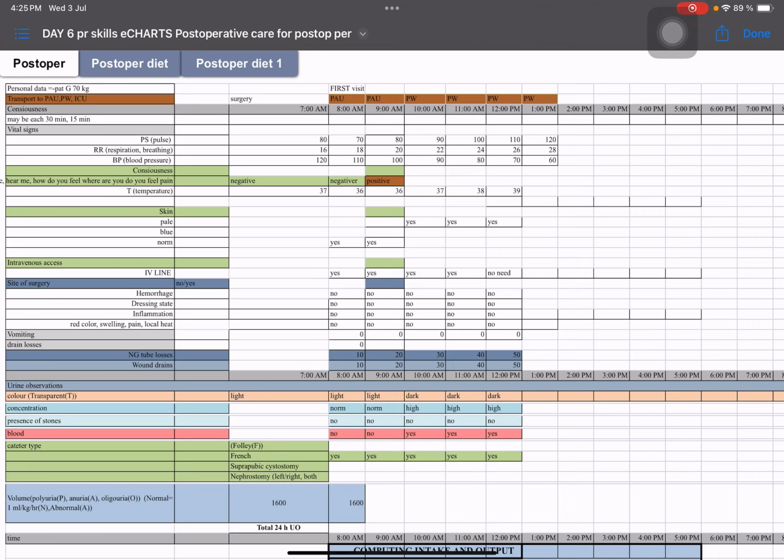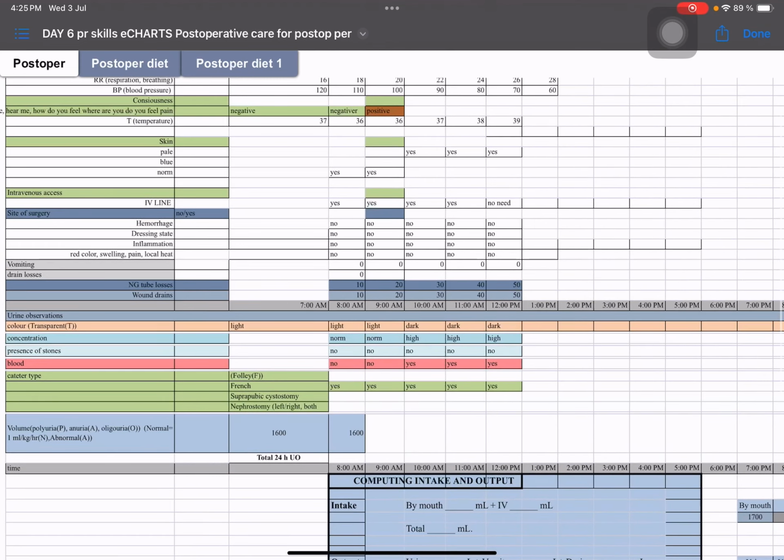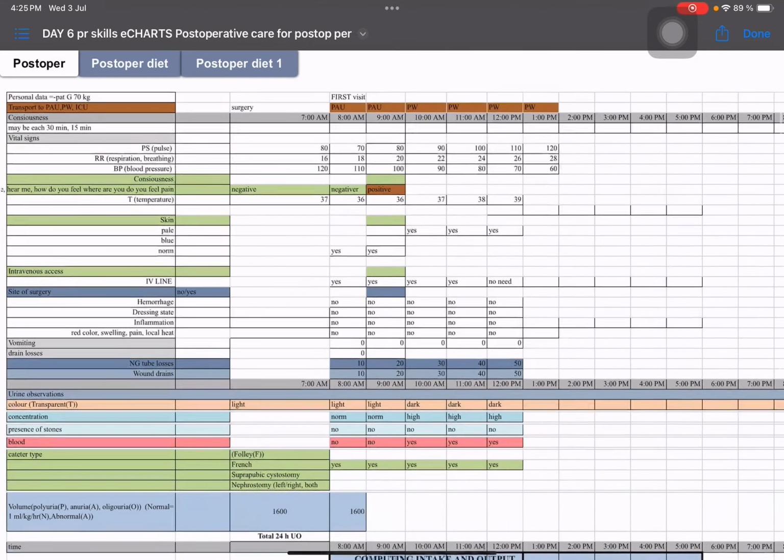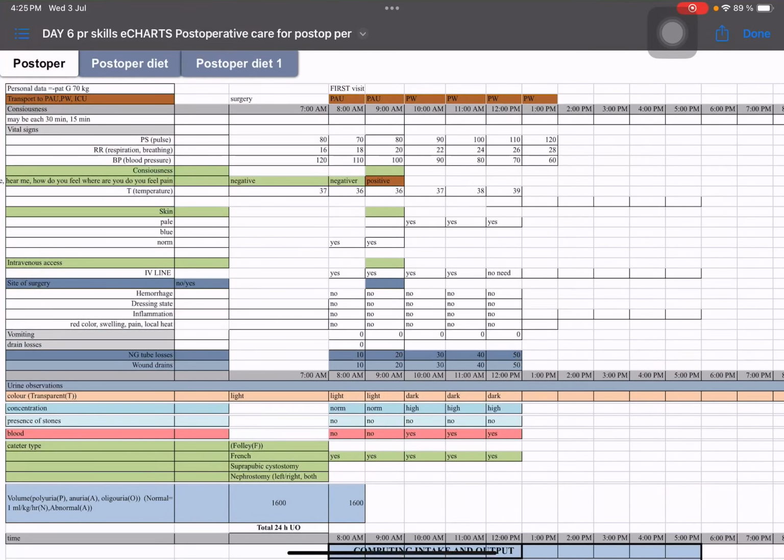And then the temperature is like 37.2 or 37.3, and the skin is normal, and the intravenous access is normal, and just a little bit of hemorrhage in the urine, and no vomiting and other things are normal. So what kind of conclusion can you get from this?